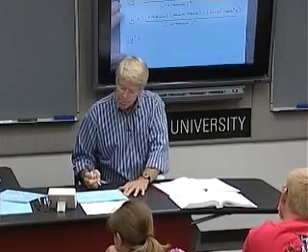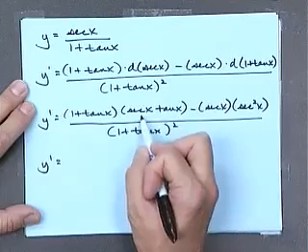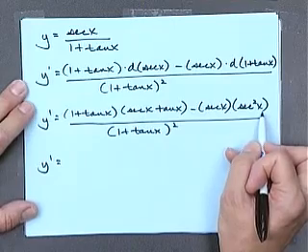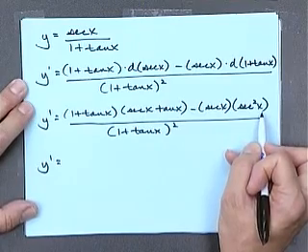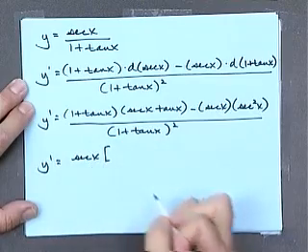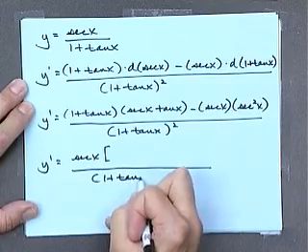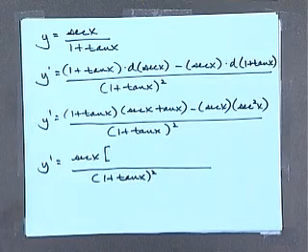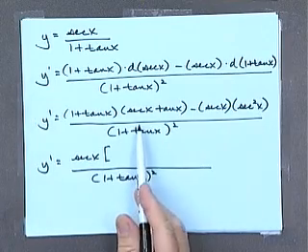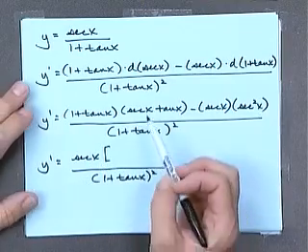Pull out a secant. Okay, this first expression has a secant, so does the second one. Is that it as far as pulling stuff out in front? Yeah. All right, if we pull a secant out in front, let's decide what's left.